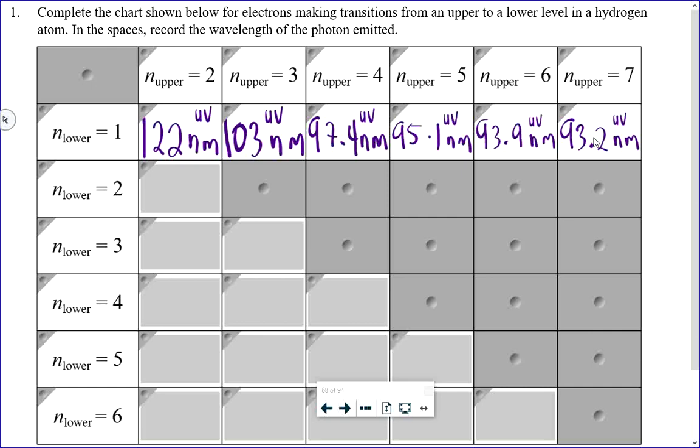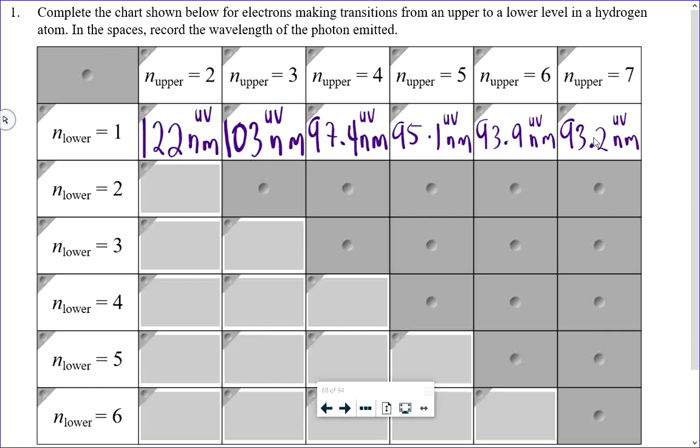If I do 7 to 6, and I want you to look at your energy level diagram in front of you. Look at how close the energies of 7 and 6 are together. It's paltry. It means it's minuscule. There's not much there.